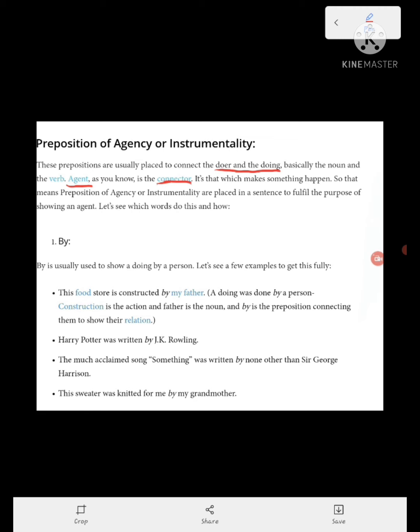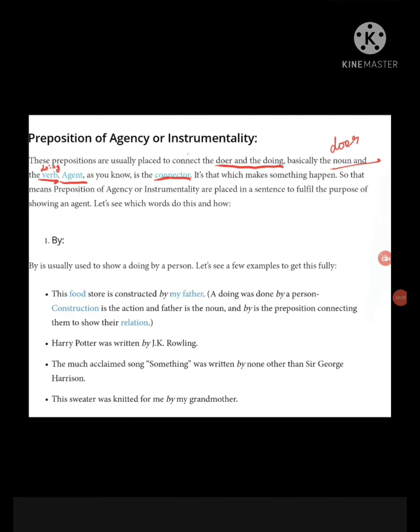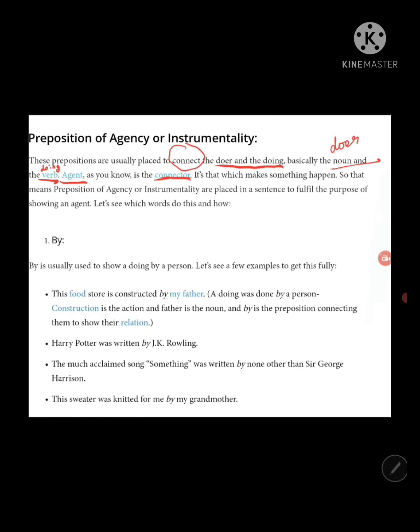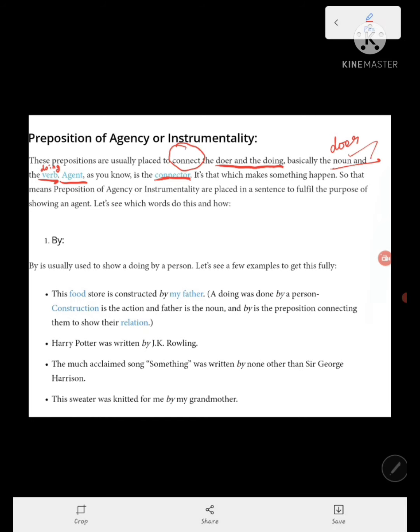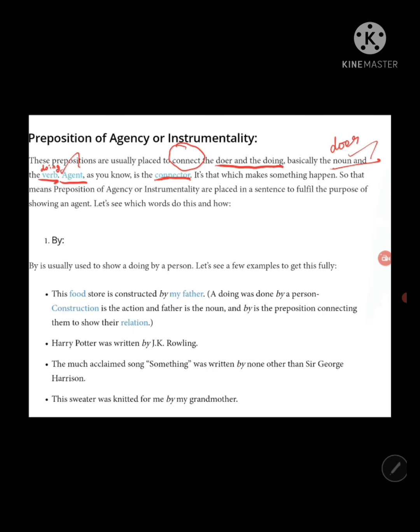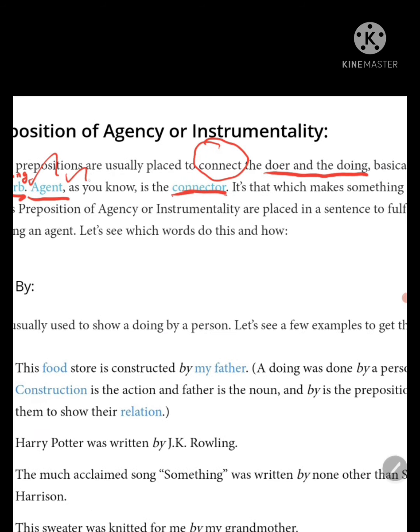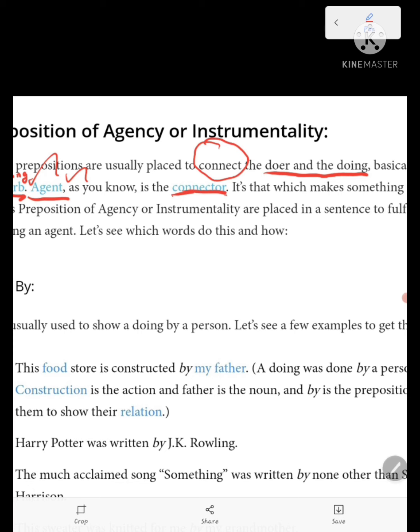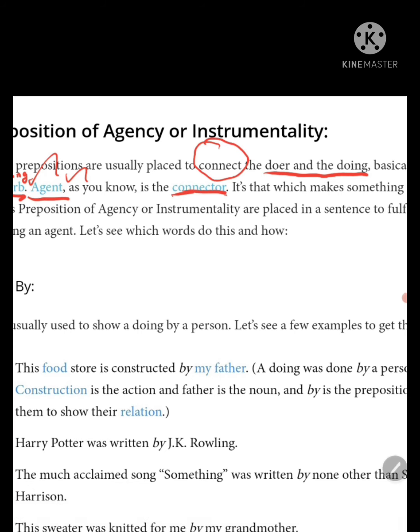So to connect this doer noun and the doing verb, we need an agent. That is nothing but a connector.